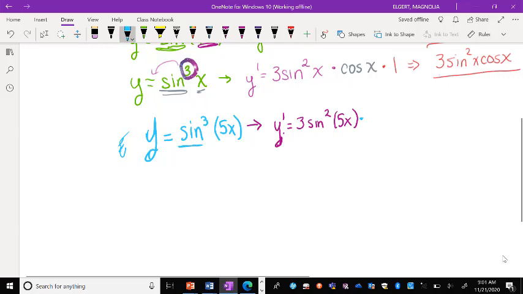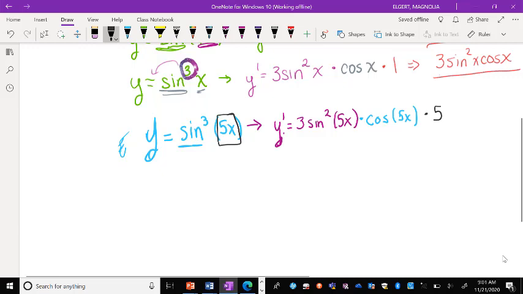We multiply by, now we're at the t, the trig function. So the trig function is sine. Now, it's just sine, not sine cubed. So the derivative of just sine is cosine of the angle, which is 5x. And then we did the power, we did the trig, so we did PT. Now we need the derivative of the angle. So the angle of this is 5x. What's the derivative of 5x?